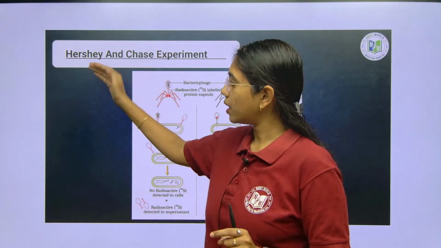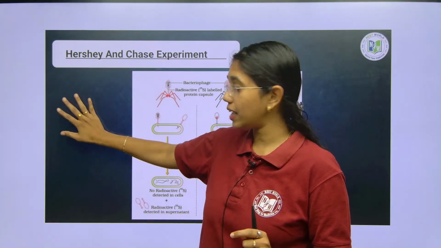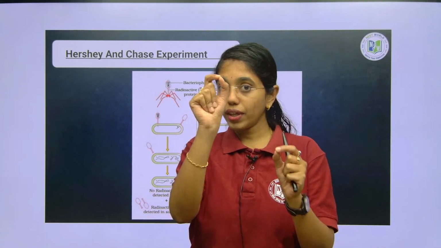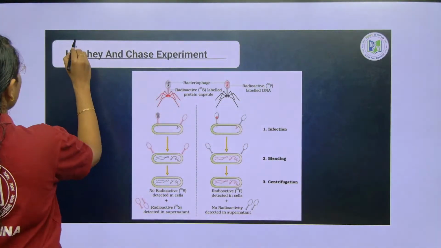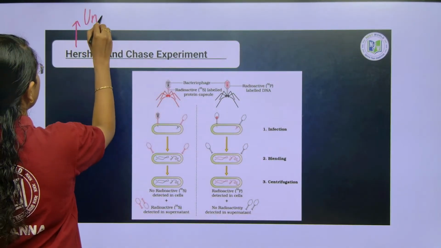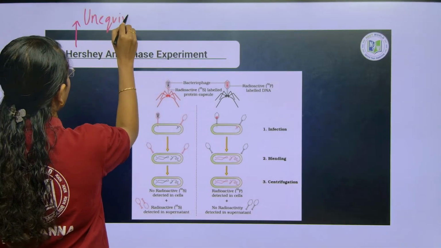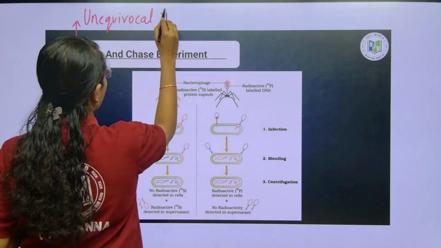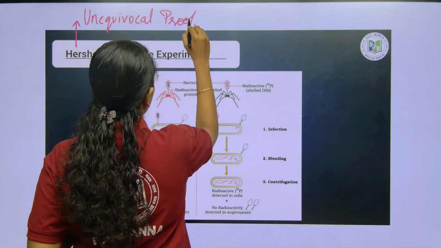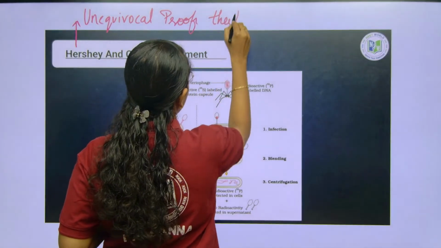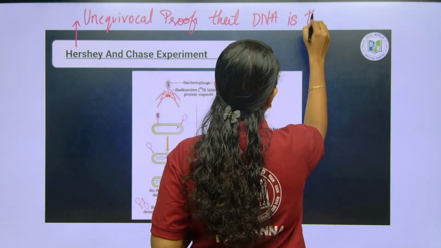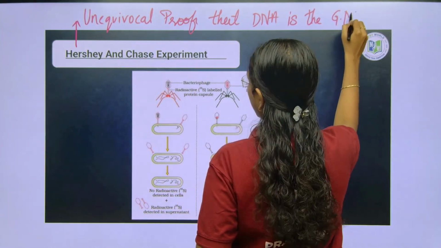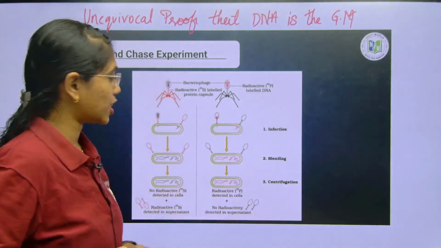There should be the transformation that we can see across the generations, proving that DNA is the genetic material. For that, the unequivocal proof that DNA is the genetic material is provided by the Hershey and Chase experiment.